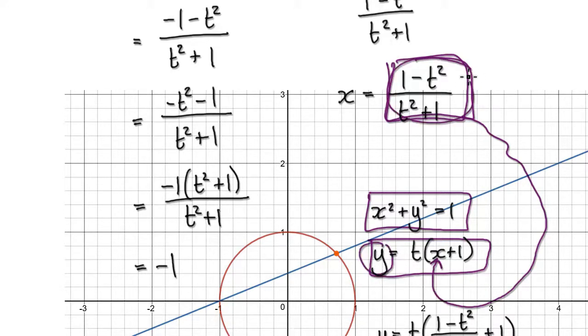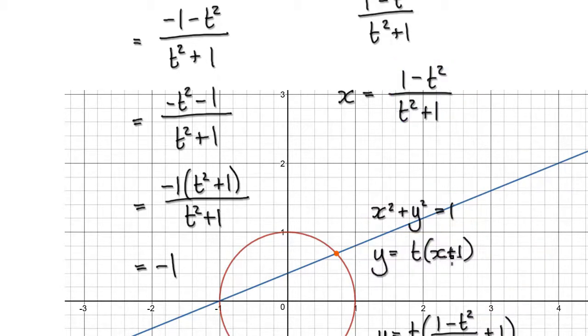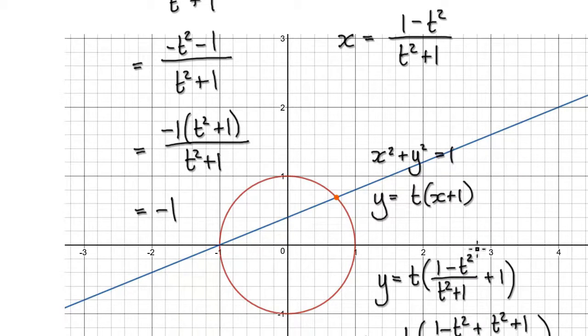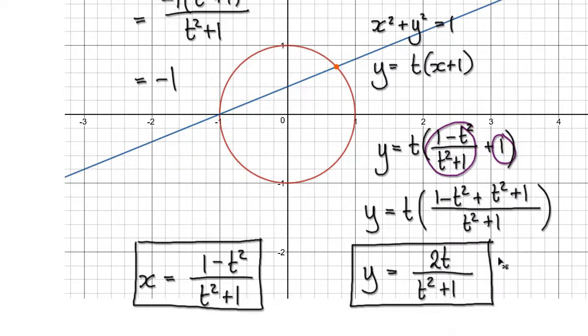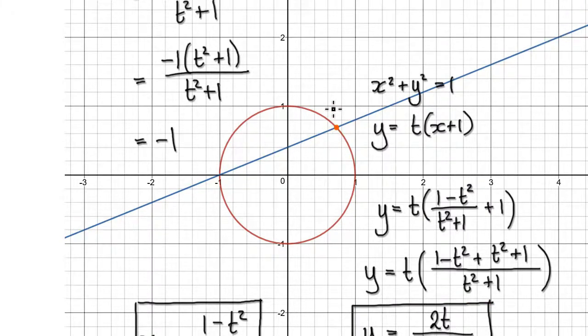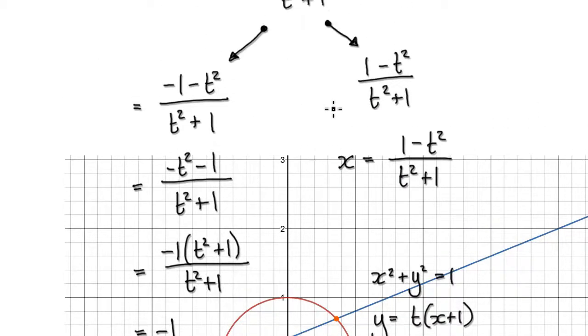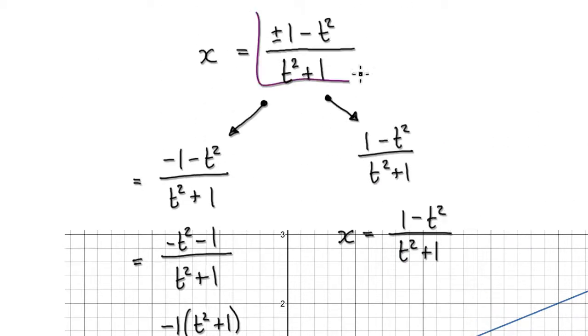So put this into here. That will then take us to here. Now merge these two together. That will give you this thing here. And then if you tidy up this whole thing, it will give you this thing here. So going back to here, you've got two strands.